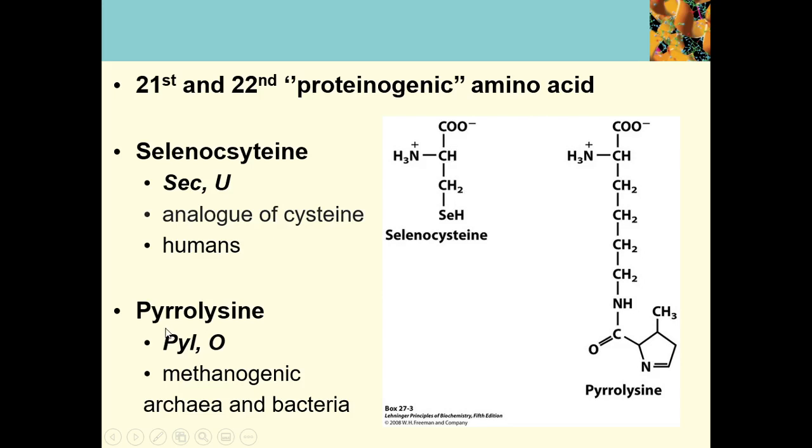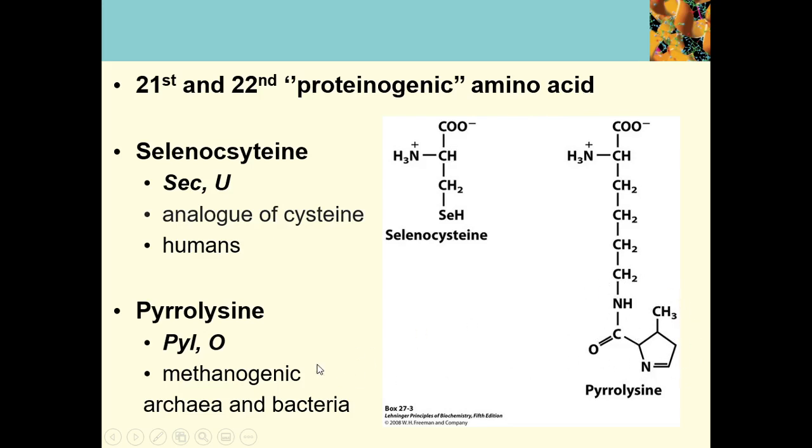On the other hand, we have here pyrrolysine, abbreviated as PYL, or one letter symbol of O. This can be found in methanogenic archaea and bacteria. When we say methanogenic archaea and bacteria, these are microorganisms that give off methane as a byproduct of their metabolism. You will see here pyrrolysine is similar to your usual lysine amino acid, but there is this pyrroline additional structure.